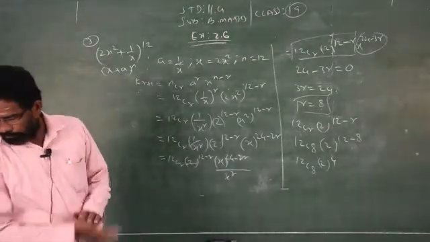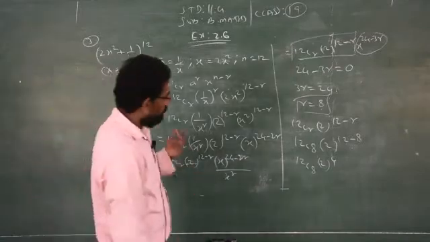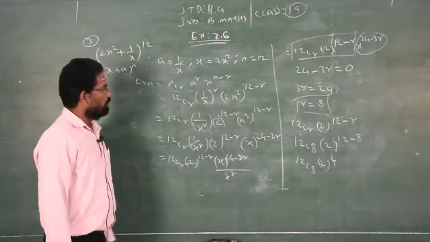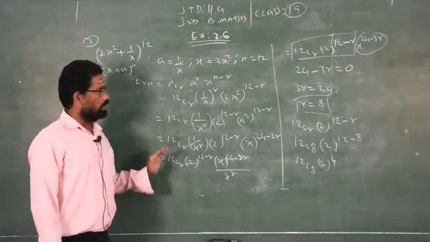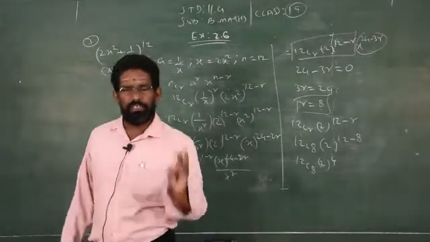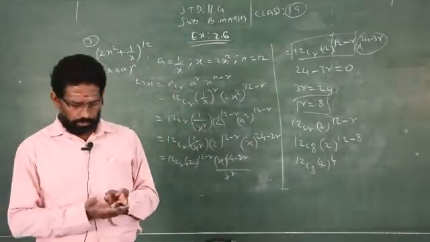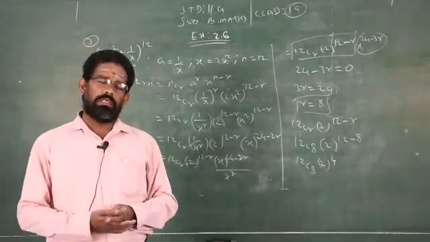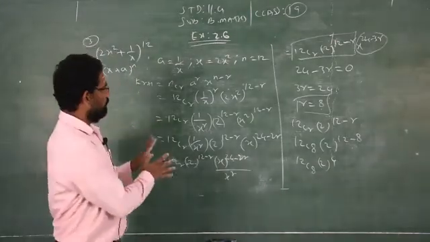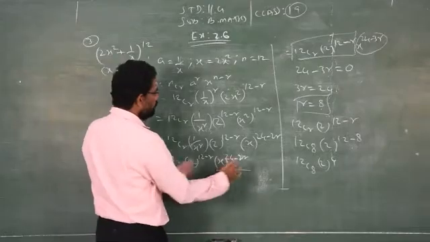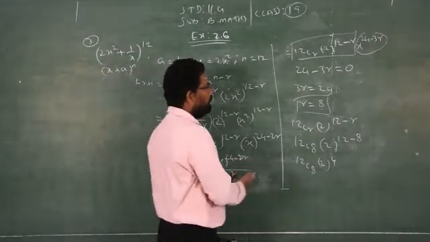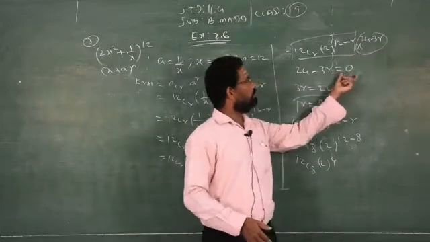Clear? You can just leave it, or you simplify. This is the independent term or constant. To find the independent term or constant term of a binomial expansion, please follow the same procedure. Your aim is to group the x variable separately. Then the power of x should be equal to 0.